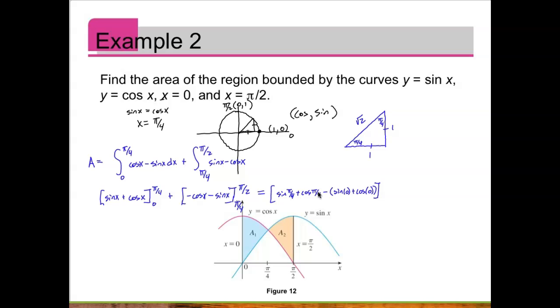So recognizing that, one of the things we could have done is just found this area and then multiplied it by 2. But we're doing it the long way. All right. So then plus, plugging in, for the second one, the first one we plug in is pi over 2. So I get negative cosine pi over 2 minus sine pi over 2. And then we're going to have minus the quantity negative cosine pi over 4 minus sine pi over 4. Sorry, I'm out of room.